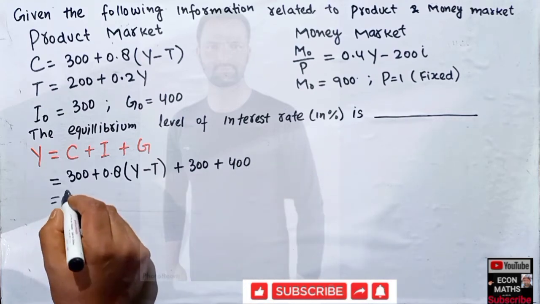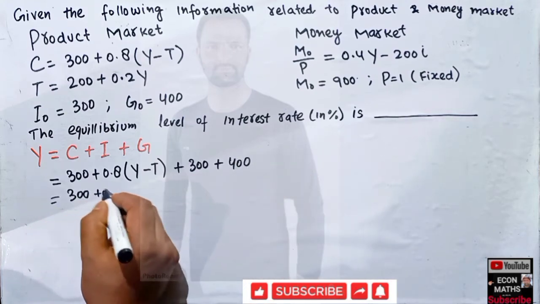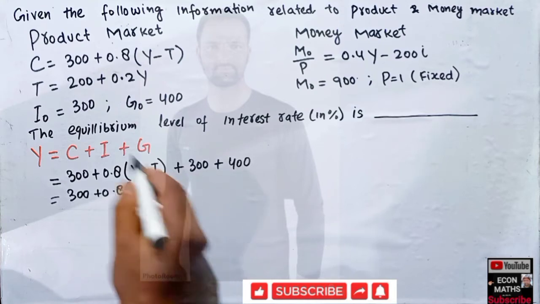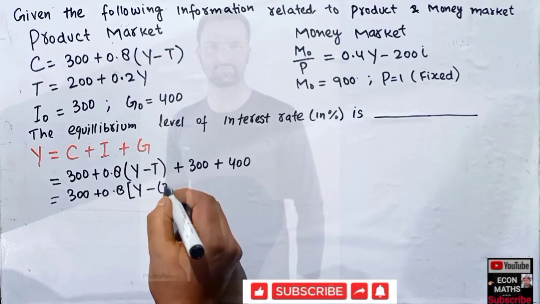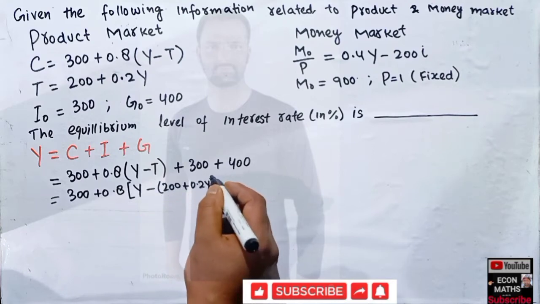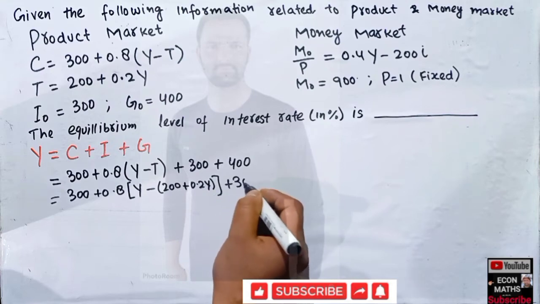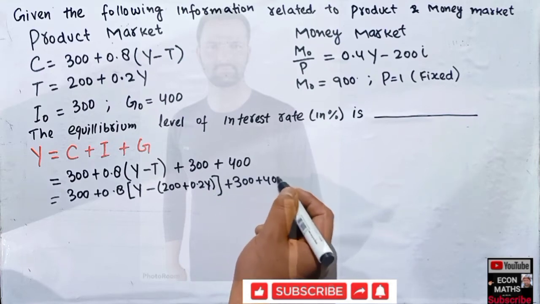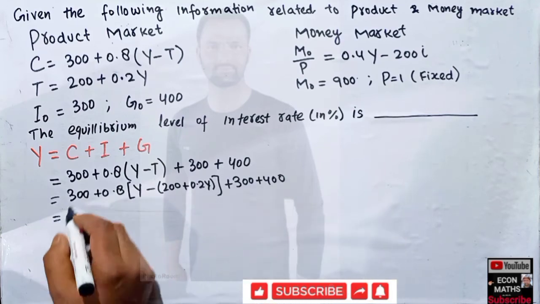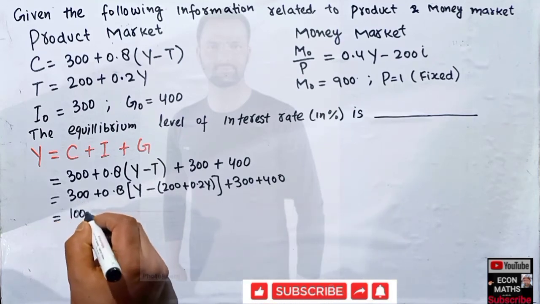So we can write it like this: 300 plus 0.8(y minus the value of t, which is 200 plus 0.2y), plus 300 plus 400. Adding the constants, we have 1000.